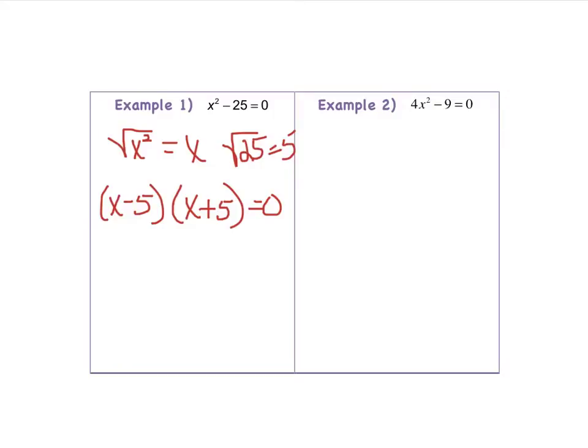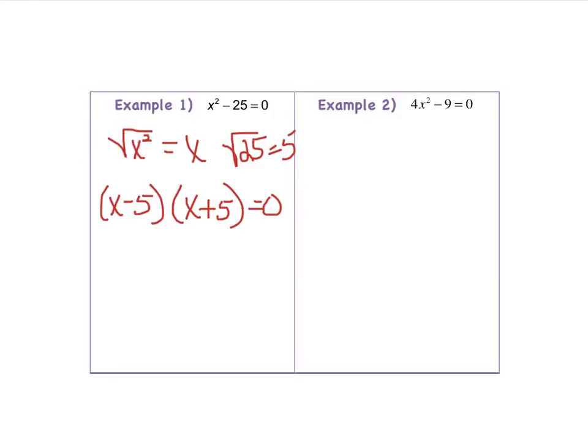We do this by opening up two sets of parentheses. Inside the parentheses, we put the square root of x squared, which is x, in each one. Then we put the square root of 25 as the second term in each parentheses. Now remember, one set of parentheses will have a minus and the other one will have a plus.